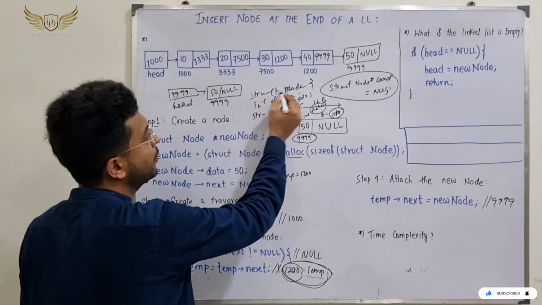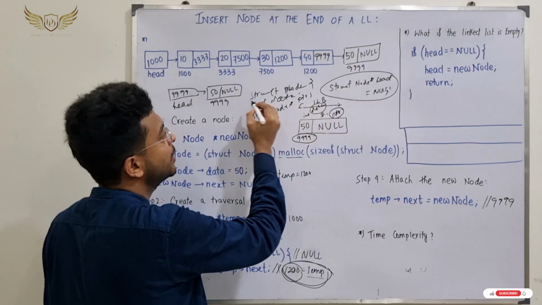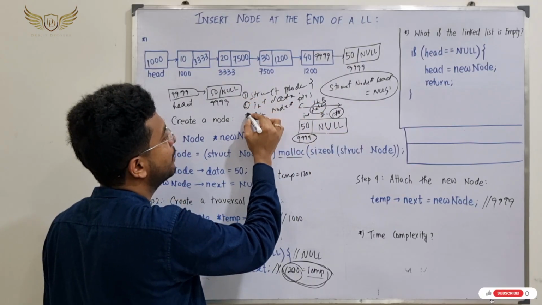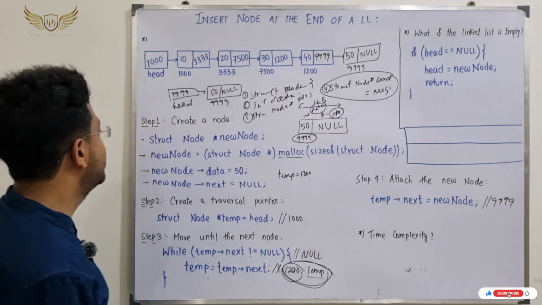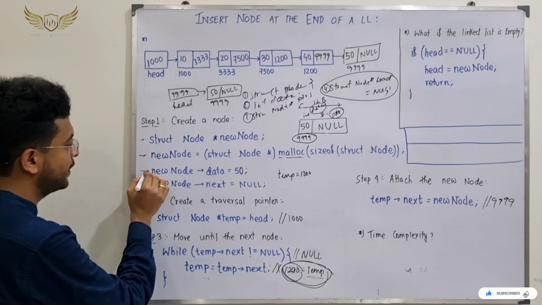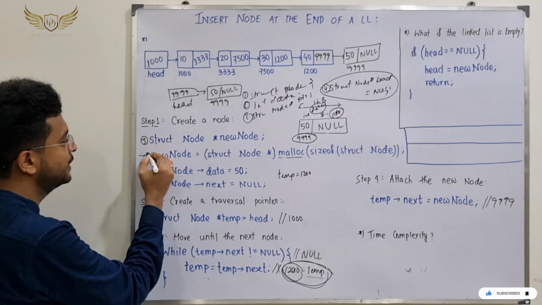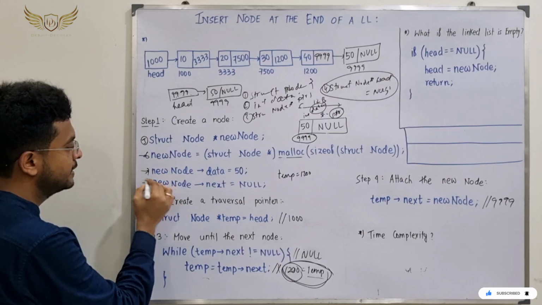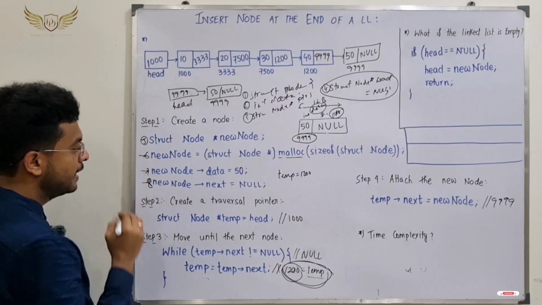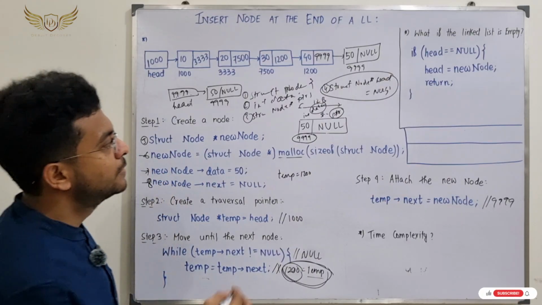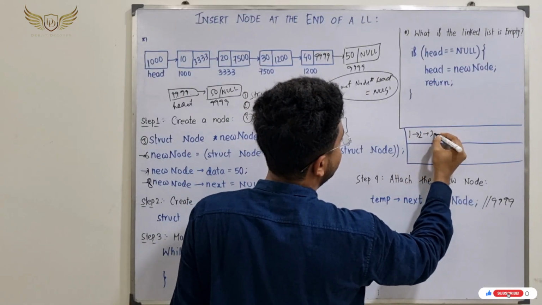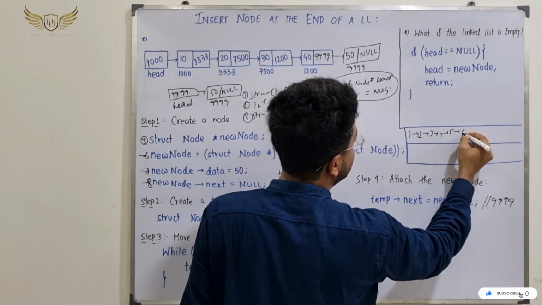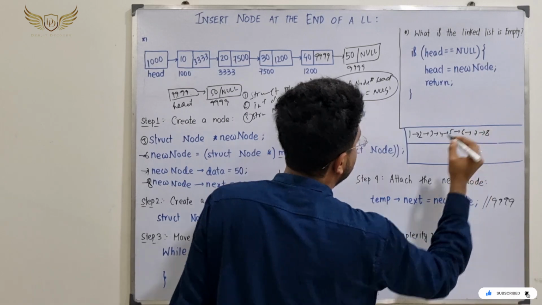You start with the start node struct, then int data, then the start node pointer, that is line number 1, line number 2, line number 3, then you give start node head equals to null, line number 4, then 5, 6, 7, 8, right?